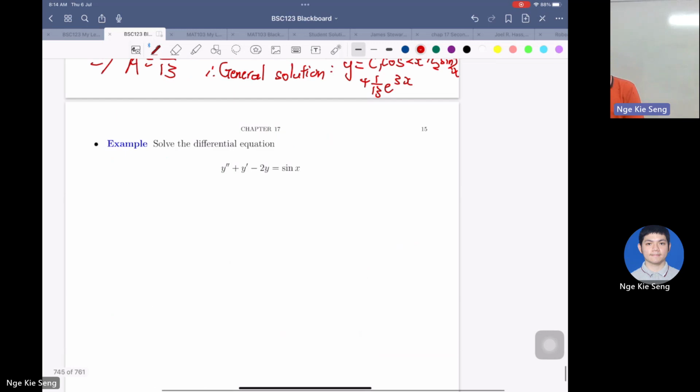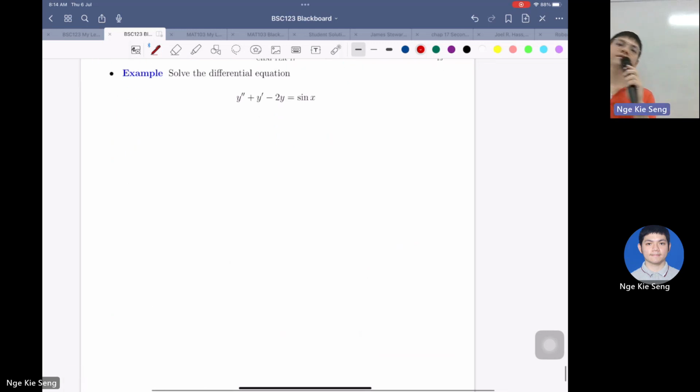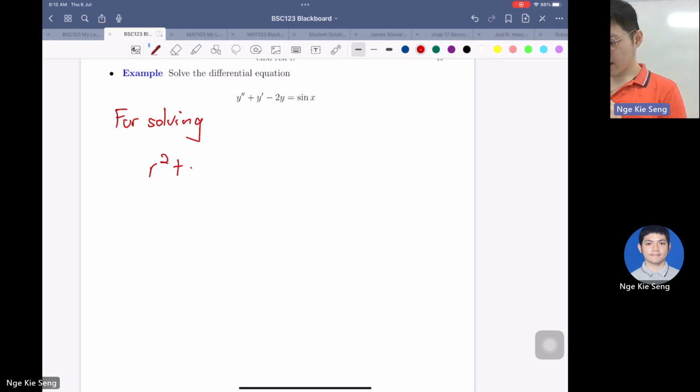Okay, so the other type is sine x. First, the two things you need to do: find the solution to the homogeneous part, and then solve the particular one. What's the characteristic equation? R squared plus R minus 2 equals 0.